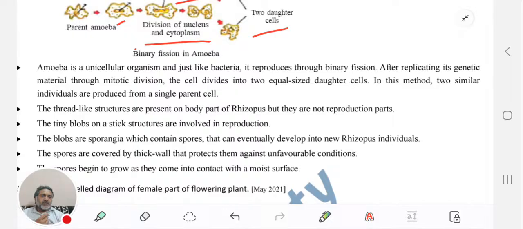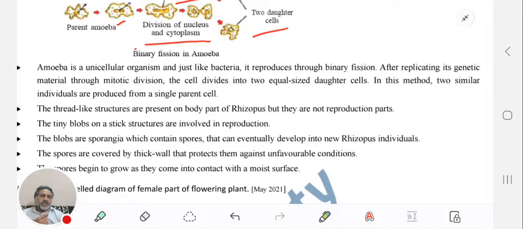In this method, two similar individuals are produced from a single parent cell. The thread-like structures present on the body of a rhizopus are not reproductive parts. The tiny blobs on a stick are involved in reproduction.